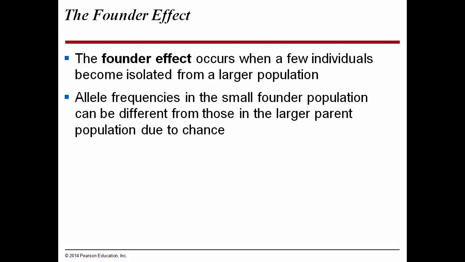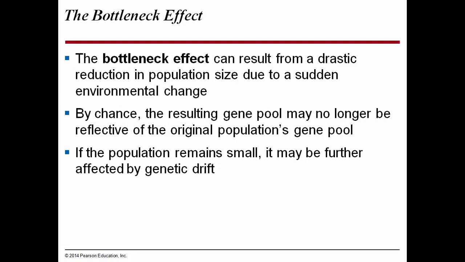Okay, the founder effect. The founder effect occurs when few individuals become isolated from a larger population. This is like the migration scenario that I was telling you about. The allele frequencies in the small founder population can be different from those in the larger population due to chance, just like in the example we were talking about before.